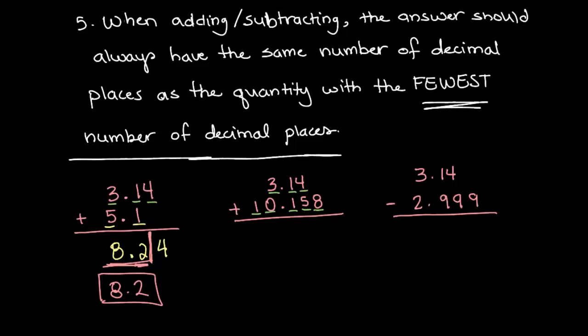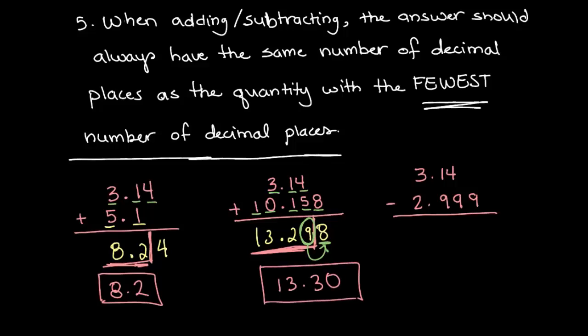So we would have 8, 5 plus 4 is 9, 2.31. If we write it to 2 decimal places, we would have to round up because there's an 8 right here, and then our final answer would be 13.30. Remember 30 because we have to write it to 2 decimal places.